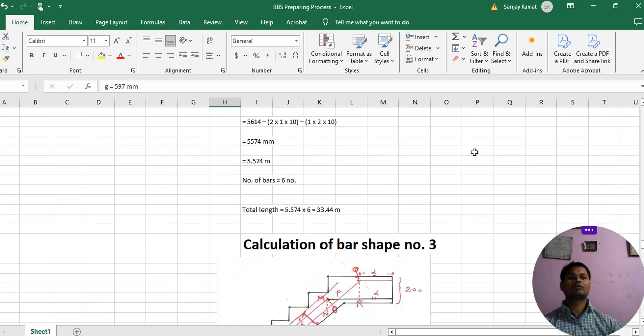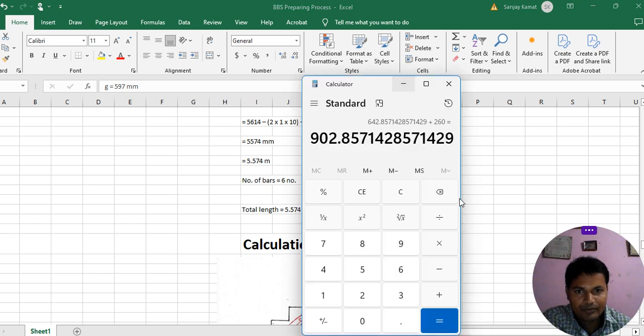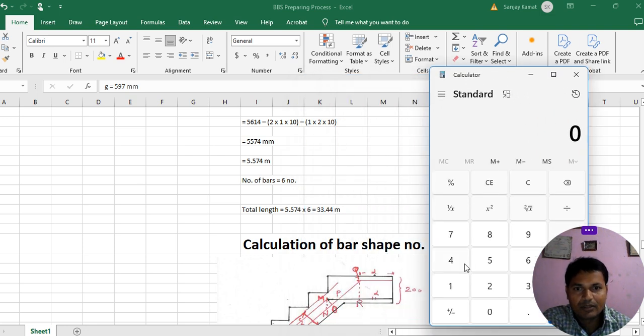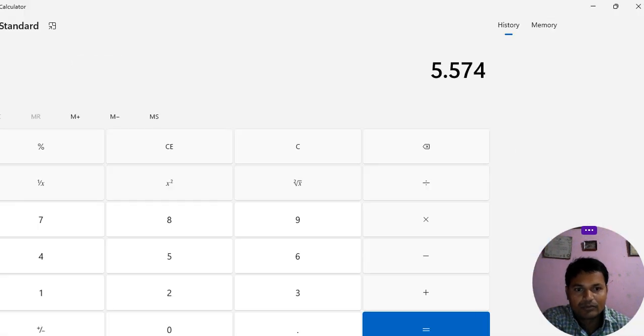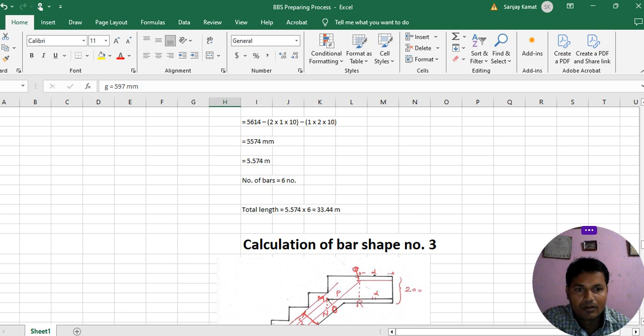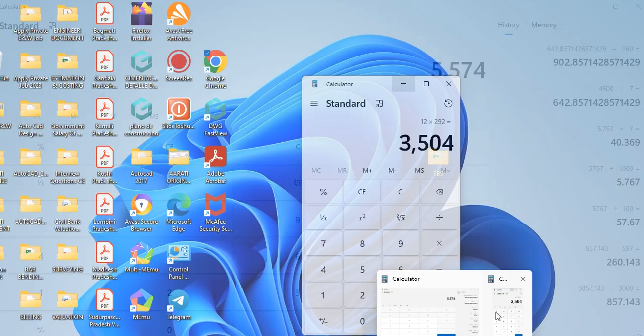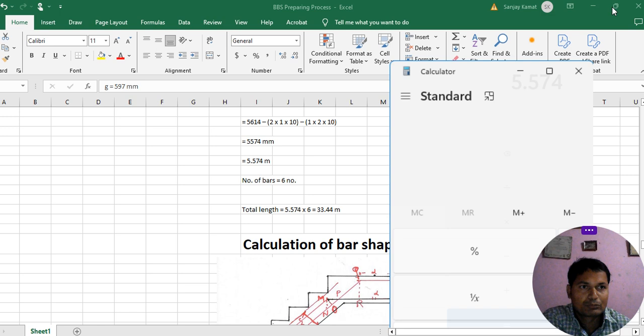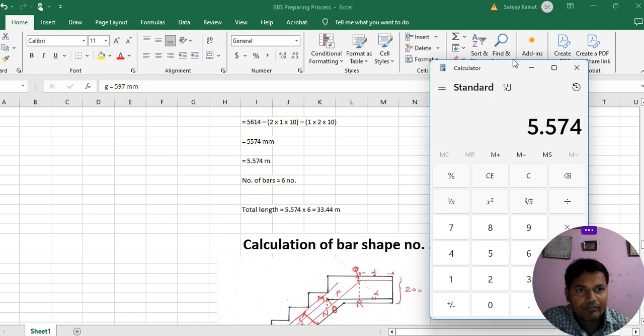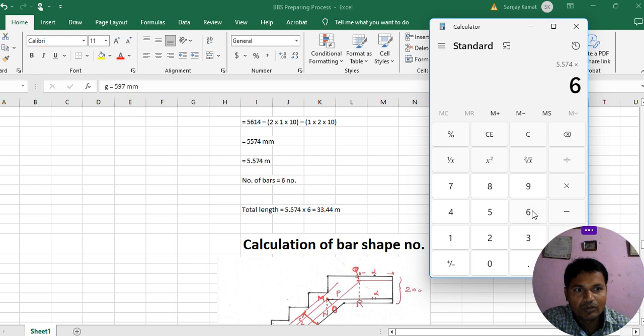Then what will the total length be? Use a calculator for this, and now I am using the calculator, okay. To calculate, 5.547 multiplied by 6.